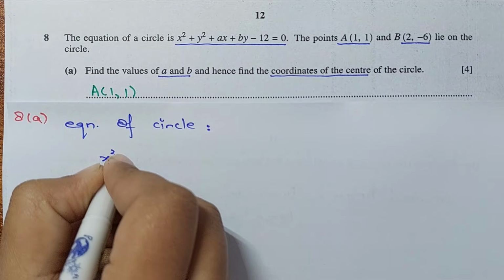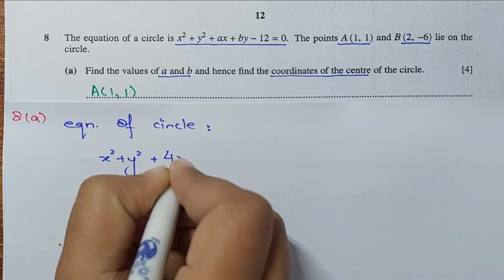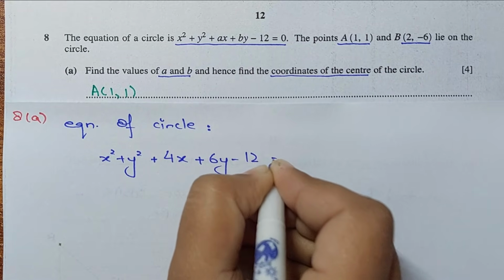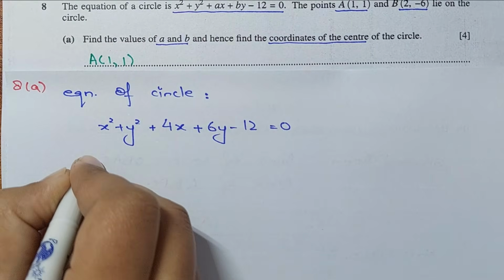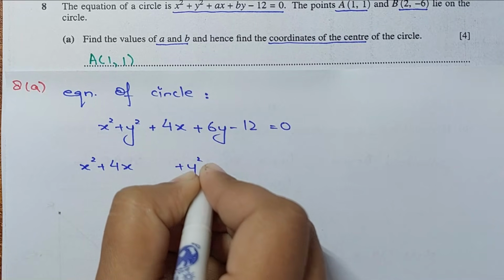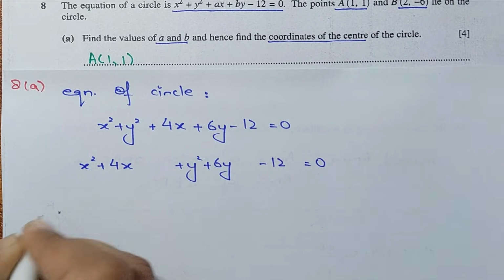x square plus y square, the a value is 4, so 4x, and the b value 6, plus 6y minus 12 equals to 0. So convert it into standard form. So x square plus 4x plus y square plus 6y and negative 12 equals to 0. Complete the square.